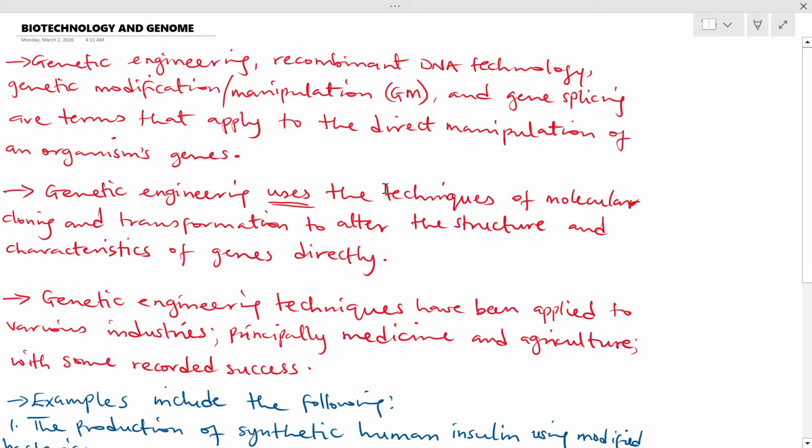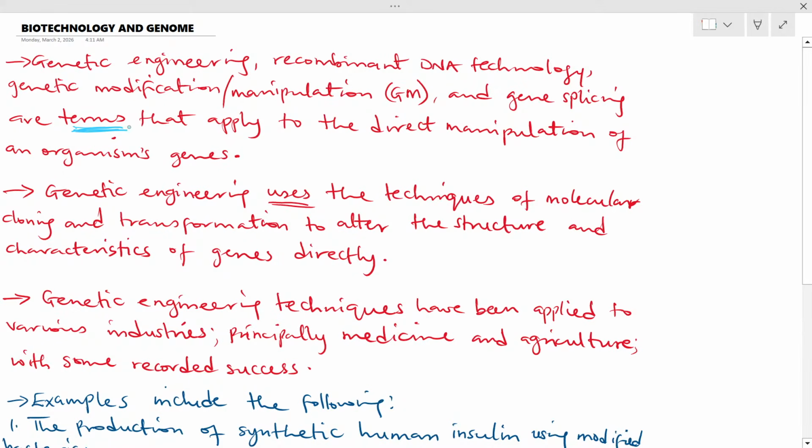We also looked at different terminologies that could be used. We saw that genetic engineering, recombinant DNA technology, genetic modification or manipulation, and gene splicing are all terms that could be applied to the direct manipulation of an organism's genes.